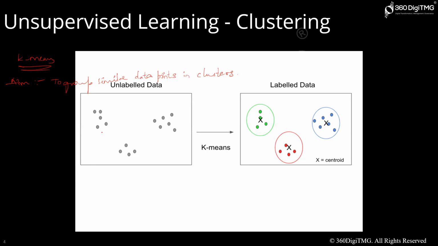It allows us to cluster the data into different groups, and is a convenient way to discover the categories of groups in an unlabeled dataset on its own, without the need of any training. It is a centroid-based algorithm.